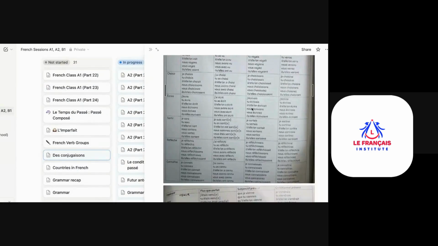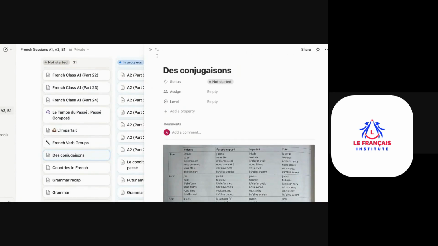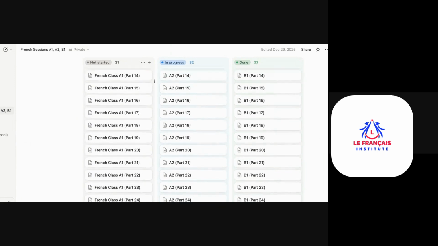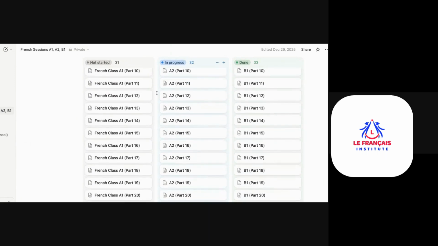Just B2 is going to be more. I think you're appearing for TCF, right? Yeah, TEF or TCF, I think I will decide once I'm there in B1. I am convinced with TEF also these days, so I'll start taking mock exams and see my own results.